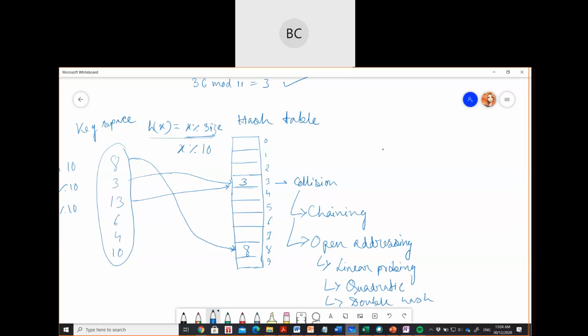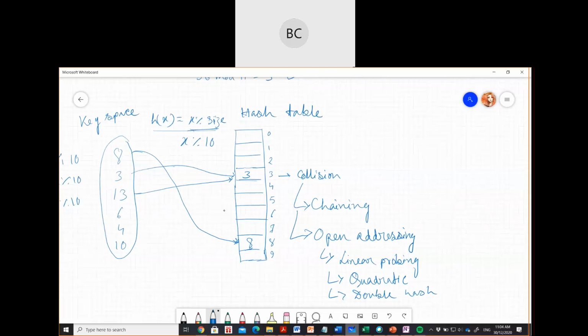So what is chaining? Instead of storing the value directly into the table, we will store the value in the form of a linked list.